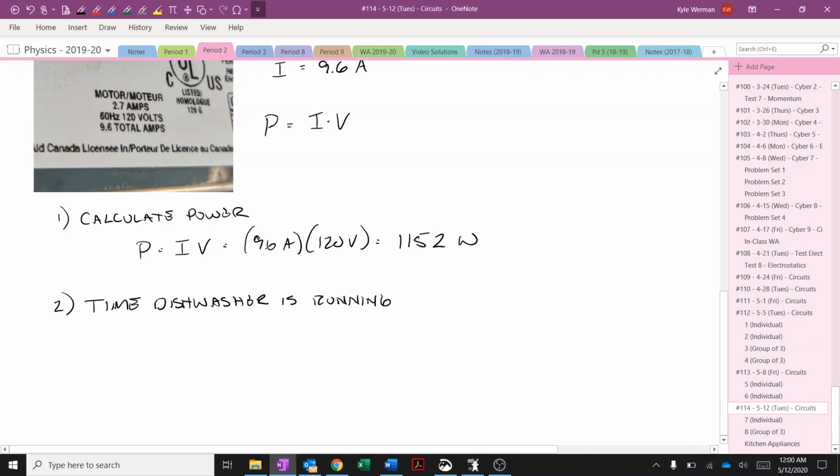I'm not sure the exact time, but roughly an hour, maybe as much as an hour and a half, right? So let's say it's 1 hour per day times 180 days in a year. So if I'm looking for a full year, I'm basically getting 180 hours of usage on this appliance, right?